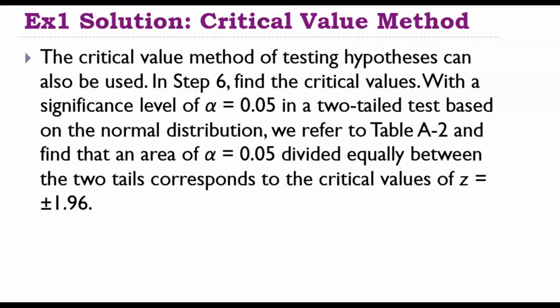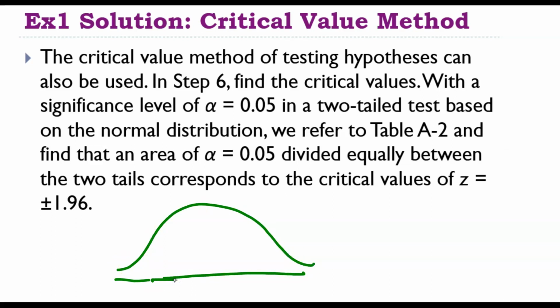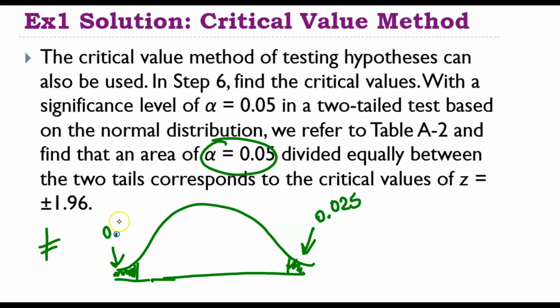To test the hypothesis using the critical value method, we'll need to find the critical value. Let's draw the diagram. Since our alpha is 0.05 and the test is two-tailed, because remember the alternative hypothesis is not equal to, our alpha is divided into two tails. Each tail will have an area of 0.025.